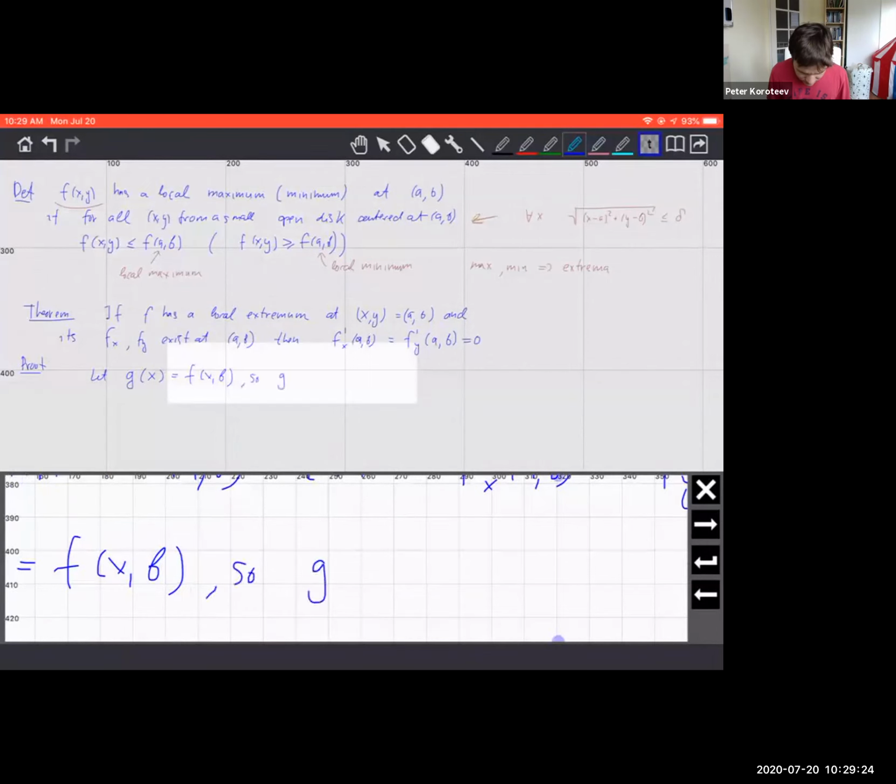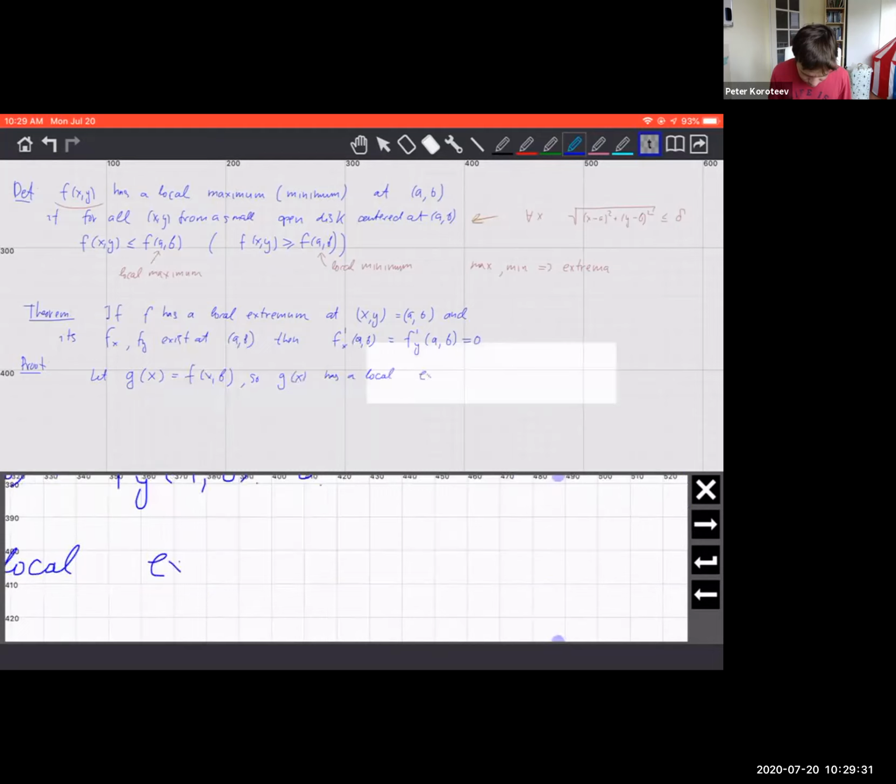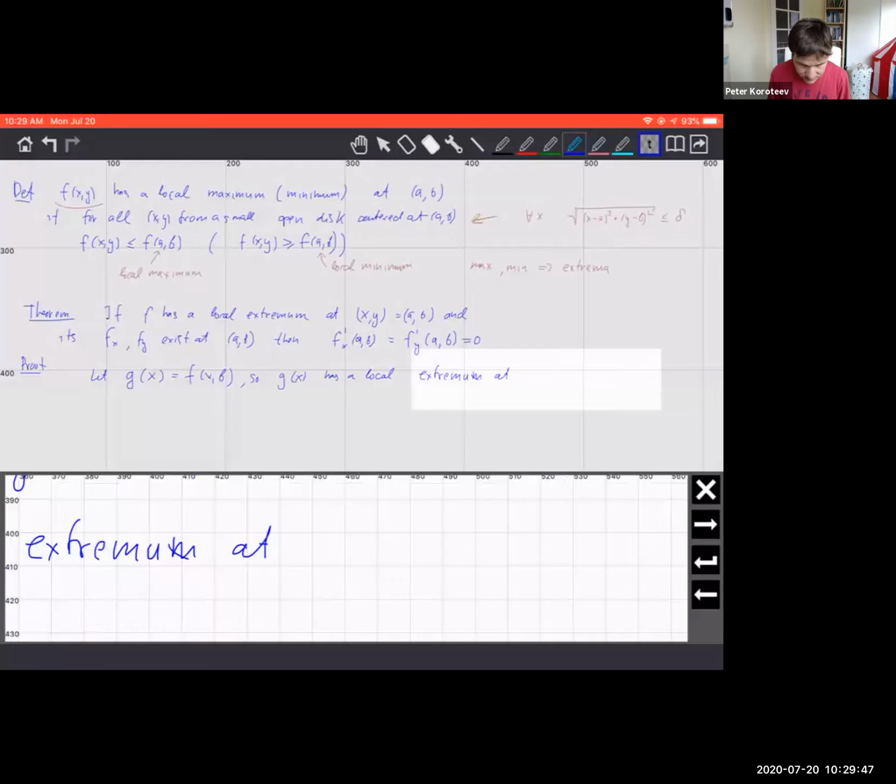So then therefore, g of x has a local extremum at x equals a, right?